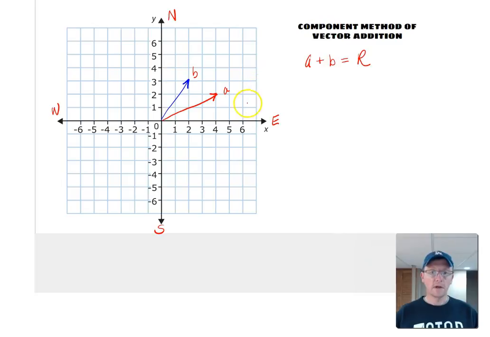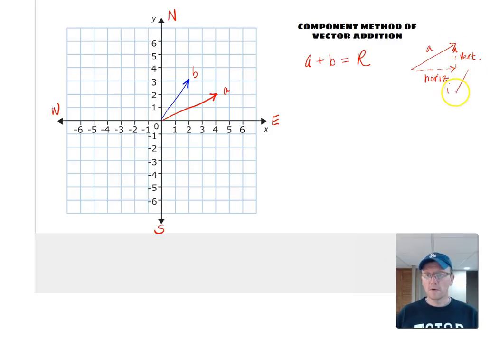Now, a component is really the idea that you're going to take any angled vector and convert it into the horizontal part and the vertical part. So any vector of any kind, let's say that's A right there, can be converted into the horizontal and the vertical components that it has.